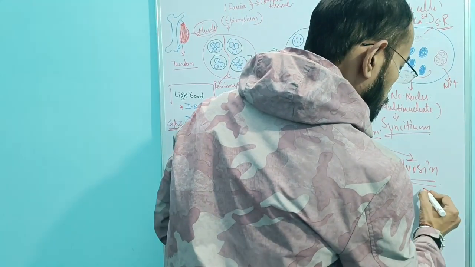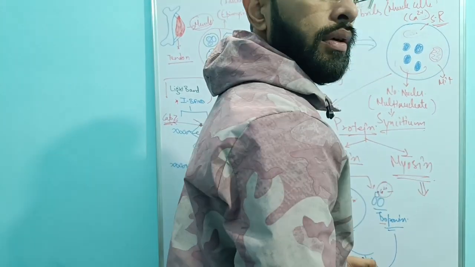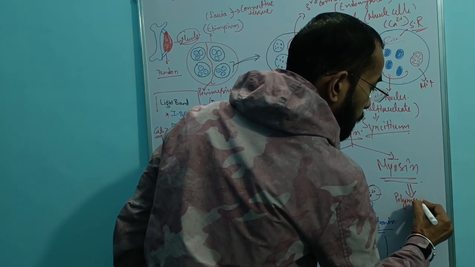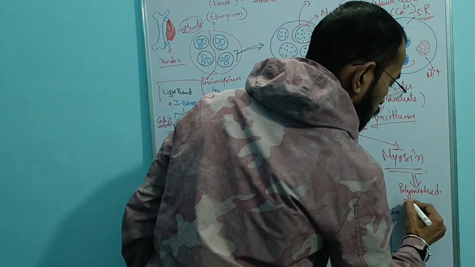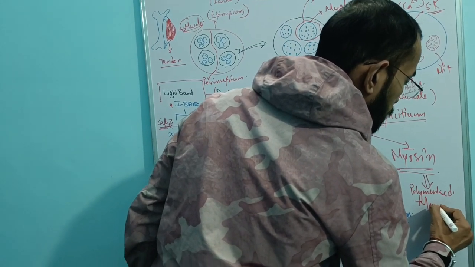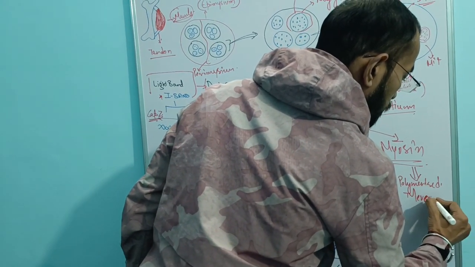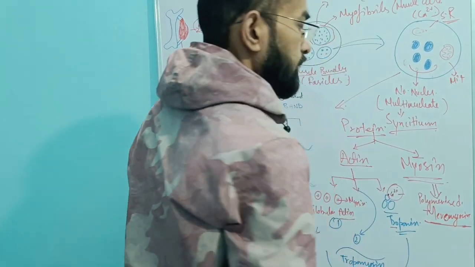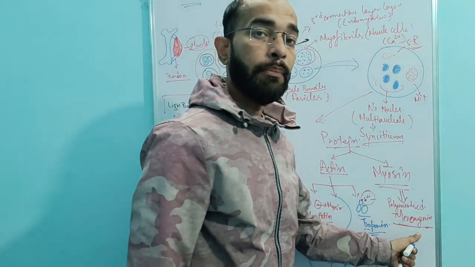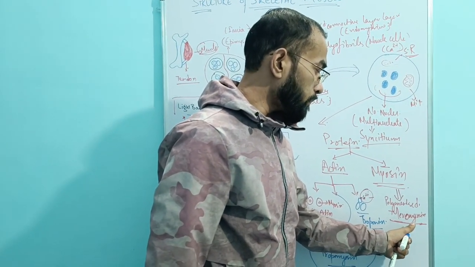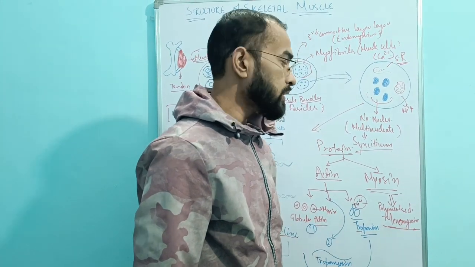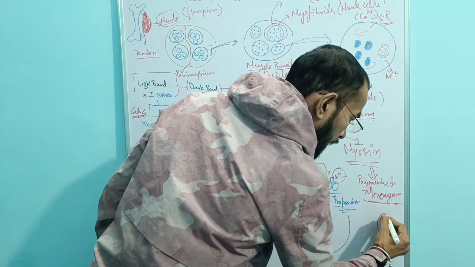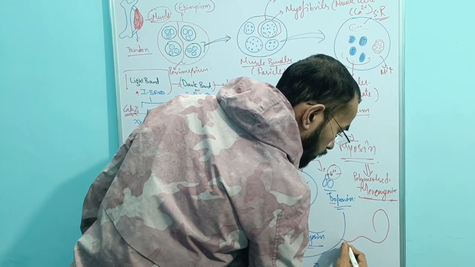Now if we discuss myosin, it is polymerized. It is a structure formed by the polymerization of small proteins known as meromyosin. We can say that myosin is formed by the polymerization of small proteins known as meromyosin. And if we look into the structure of meromyosin, it has a globular head and a long tail.